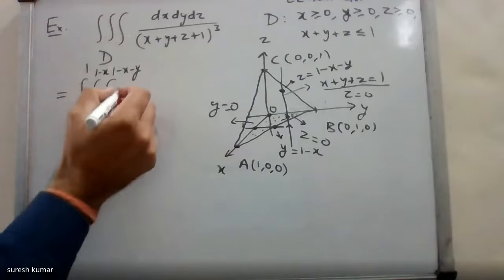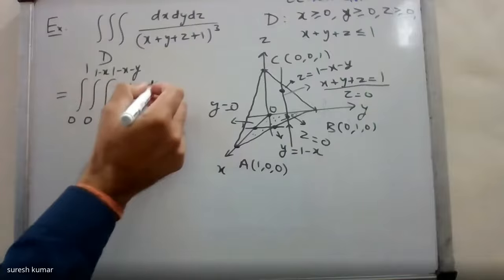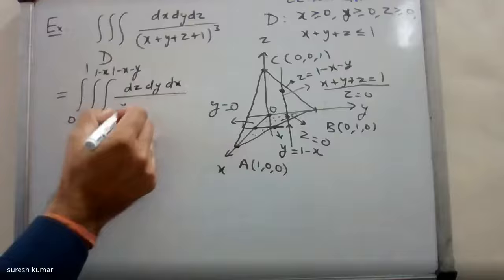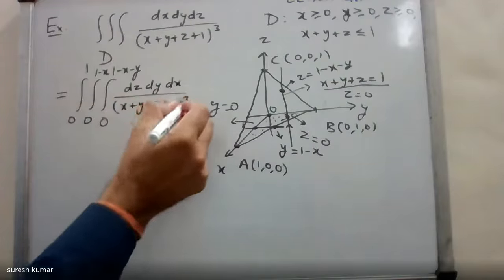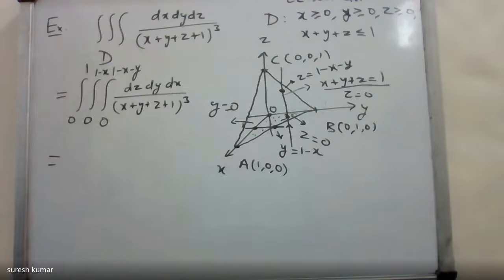So what order should you write here? dz, these are 0 to 1 minus x are limits for y, and dx. In this order, you need to solve this triple integral. Once you have limits, I have already explained the procedure for solving the triple integral in the previous example. So you can apply that.